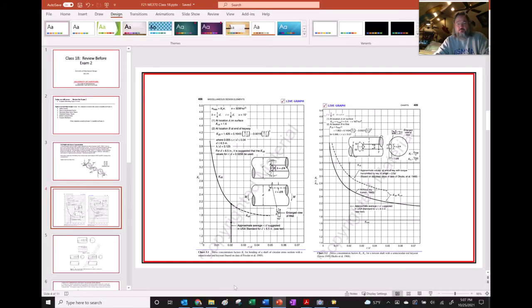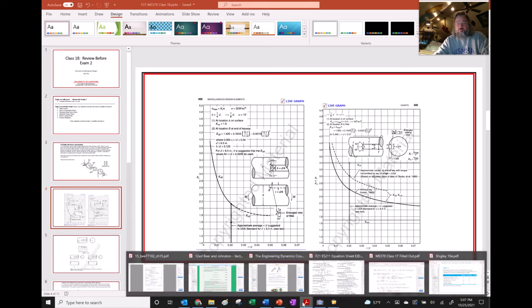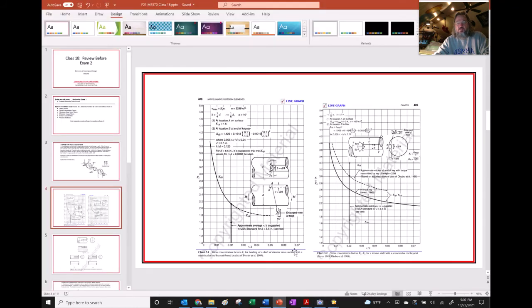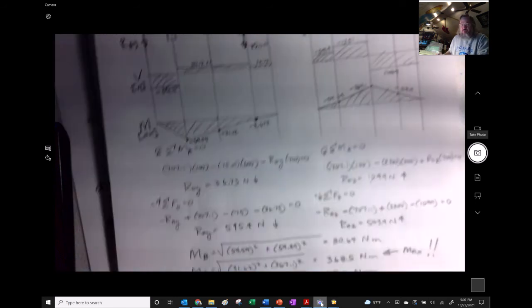And the other value, 3.0, came from pretty close to this one right here. It says approximate values at the end of key with a torque transmitted by key of length 2.5 D. Some of these other parameters you're going to have to know to get a better value. So that's why we're using sort of an approximation here.